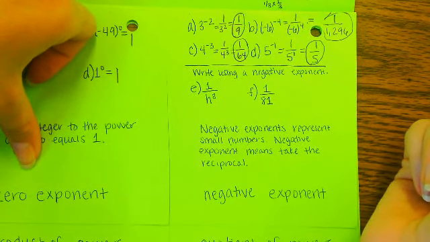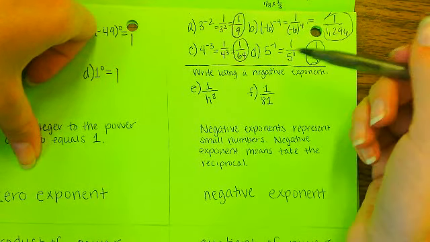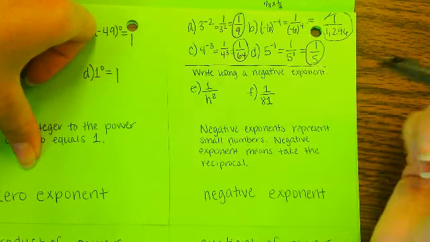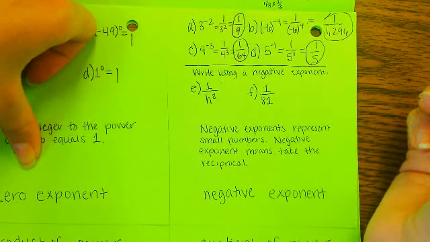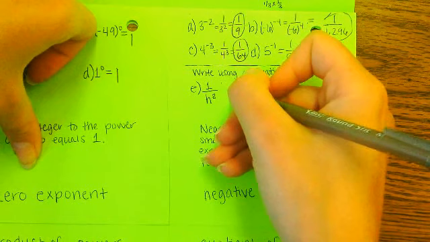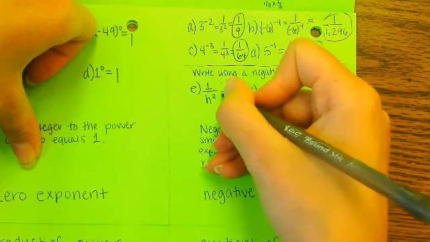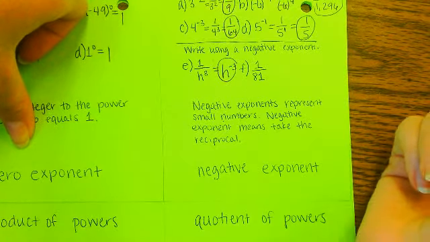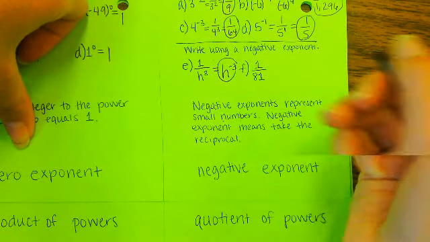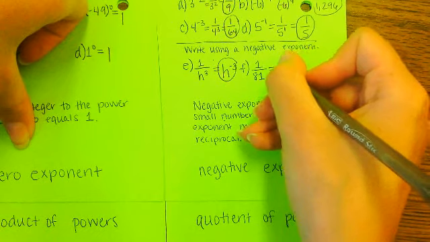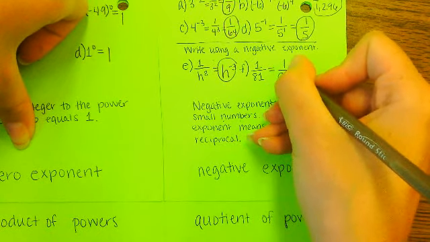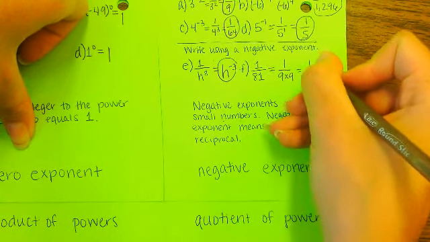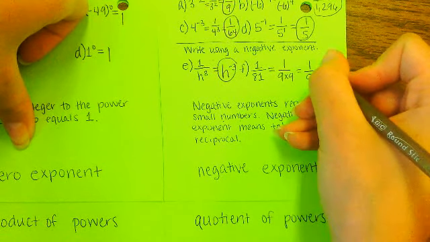Now you can do the opposite of this. You can rewrite expressions that don't have negative exponents with negative exponents. 1 over h to the third power would be the same thing as h to the negative third power. 1 over 81: you can break down 81 into 9 times 9, which is the same thing as 9 squared.